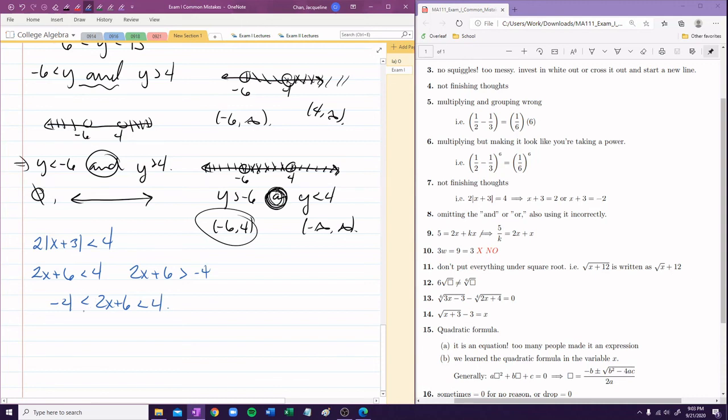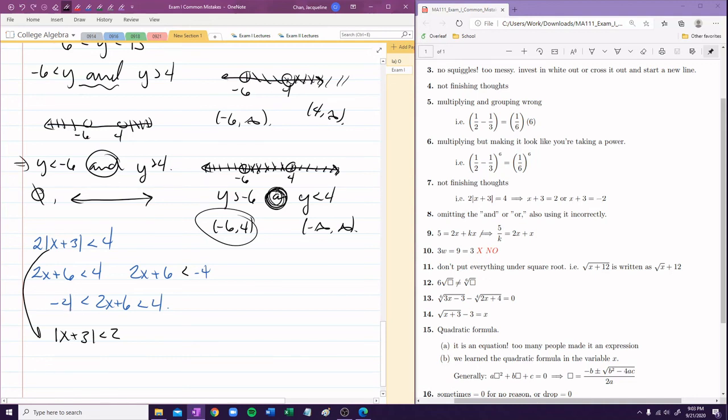Okay, a lot of you also did less than negative 4, right? That is also not correct because technically, so remember what is an absolute value? I'm going to take this one instead. I'll have the absolute value of x plus 3 less than 2. Right, so then remember what is an absolute value.